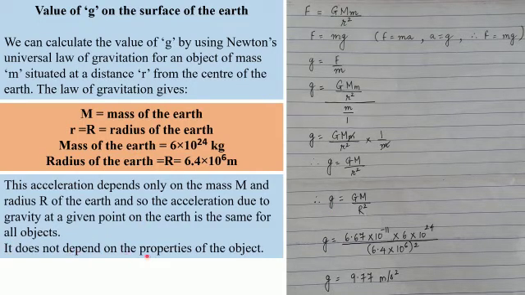It does not depend on the properties of the object. So here we have derived the value of g, that is 9.77 meters per second square.